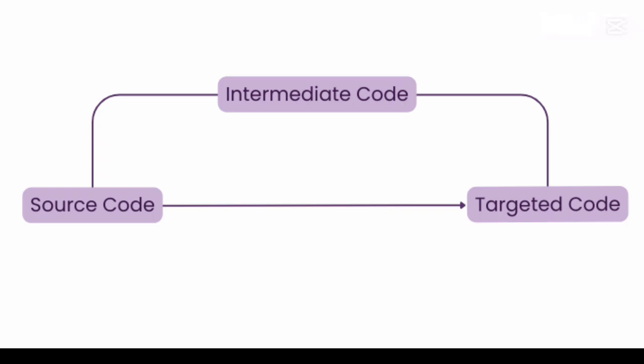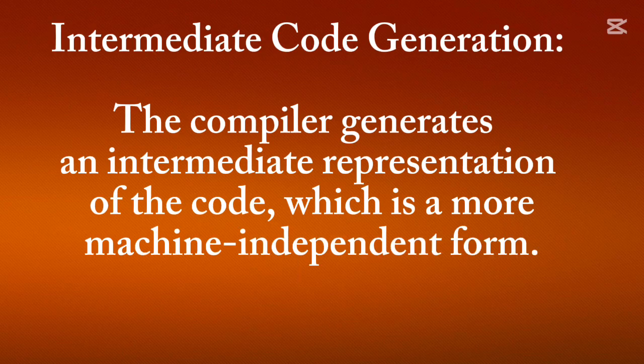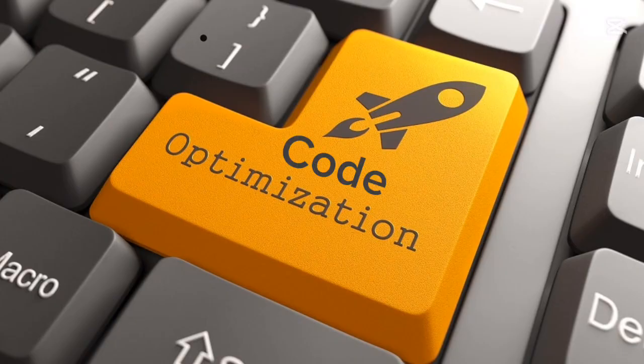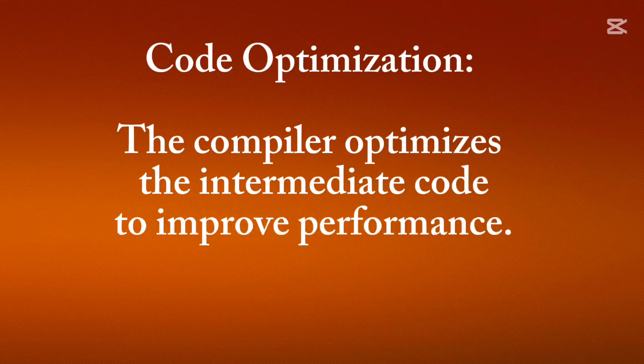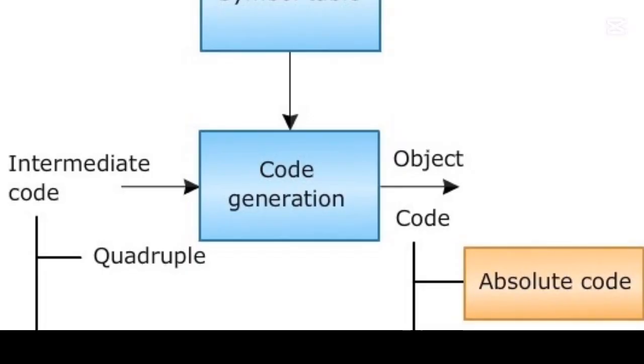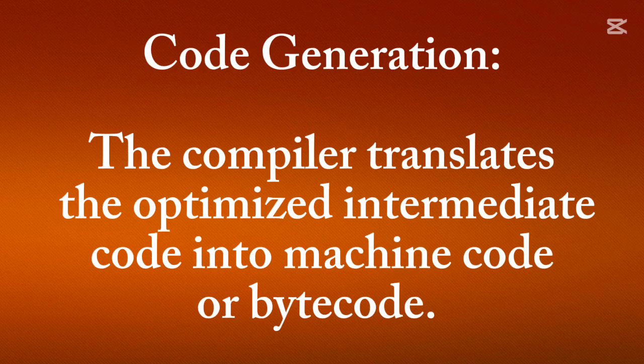Intermediate code generation. The compiler generates an intermediate representation of the code, which is a more machine-independent form. Code optimization. The compiler optimizes the intermediate code to improve performance. Code generation. The compiler translates the optimized intermediate code into machine code or bytecode.